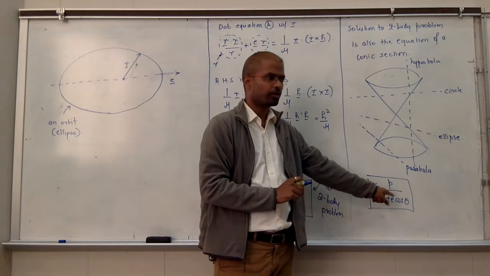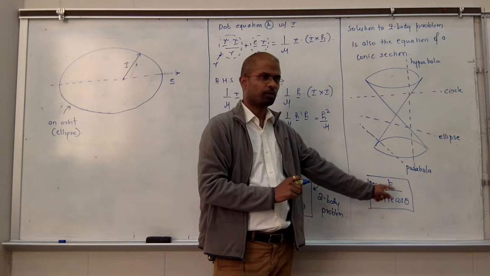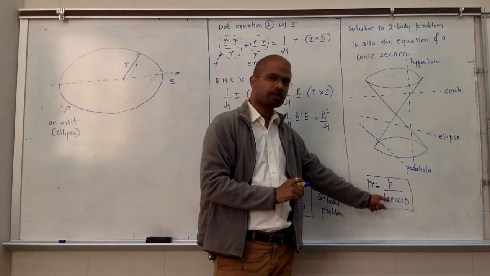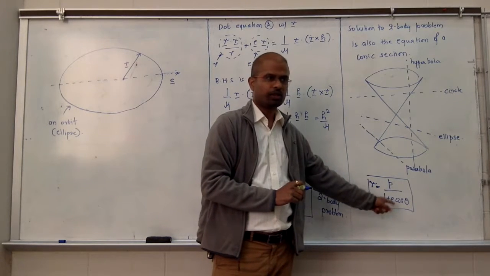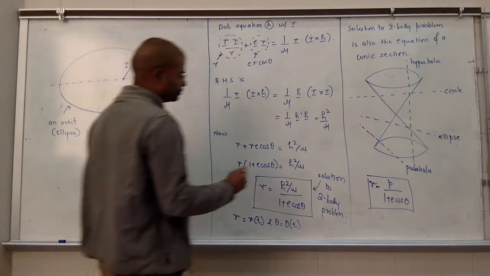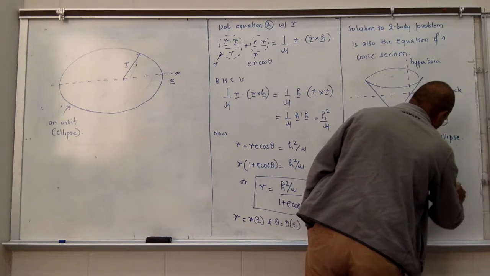This is the equation of an ellipse. This is the equation of a circle. This is an equation of a hyperbola, a parabola. What varies is E. If E is equal to 0, it's a circle.